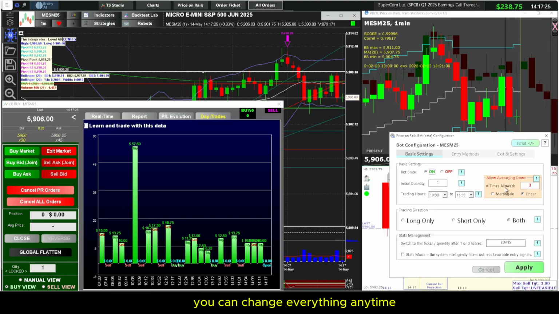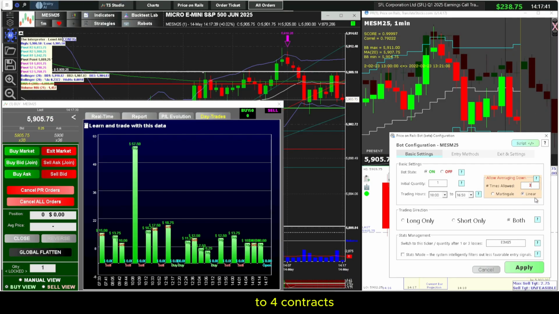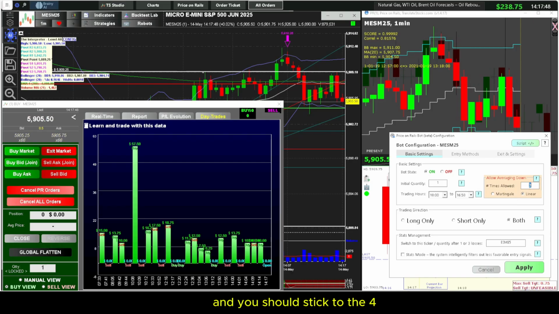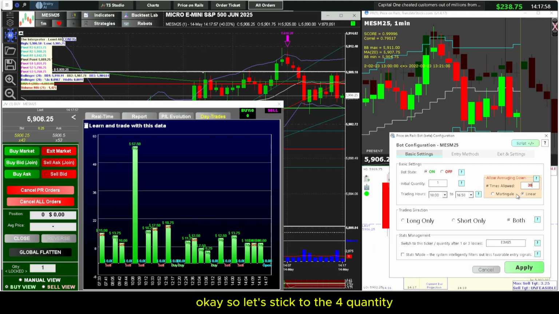You can change everything anytime. But I do recommend as best practice that after you start trading, you don't change your risk management. If you are allowing the system to go from 1 to 4 contracts, 1 plus 3 every new entry, 4 contracts in linear mode, you should stick to the 4. You should not change this to 30 allowed entries. Okay, so let's stick to the 4 quantity.